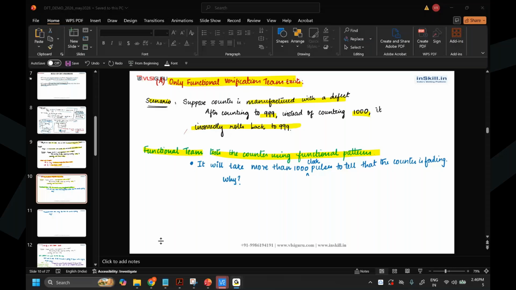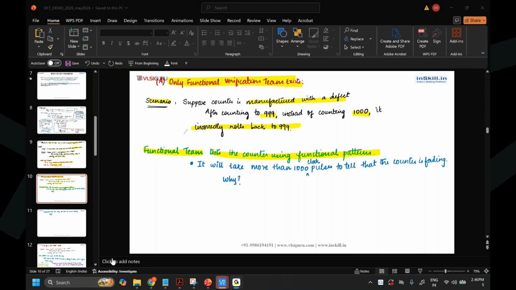Can you read the scenario and try to guess from your side? Can anyone just try to guess?